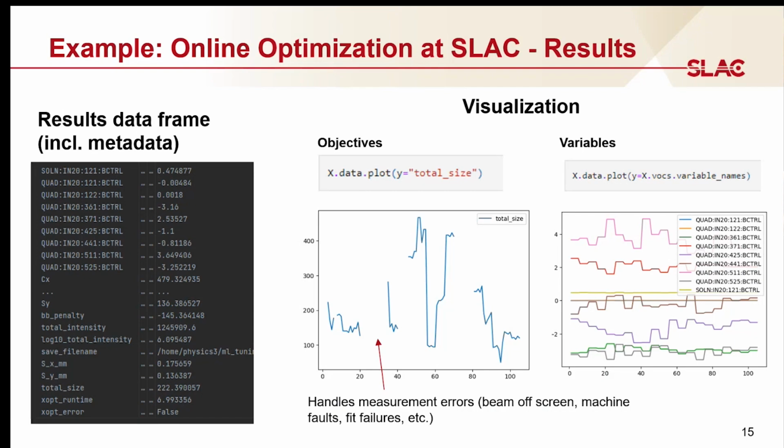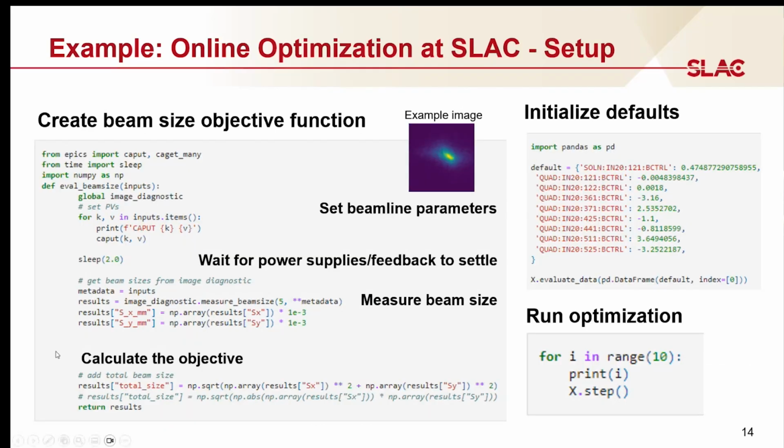So for example, the input values of our variables that we're adjusting, the output variables that we're trying to optimize, but it also returns anything that we put in our results dictionary. So in this example here, we return not only the total size of the beam, which is our objective, but all of the intermediate calculation steps.